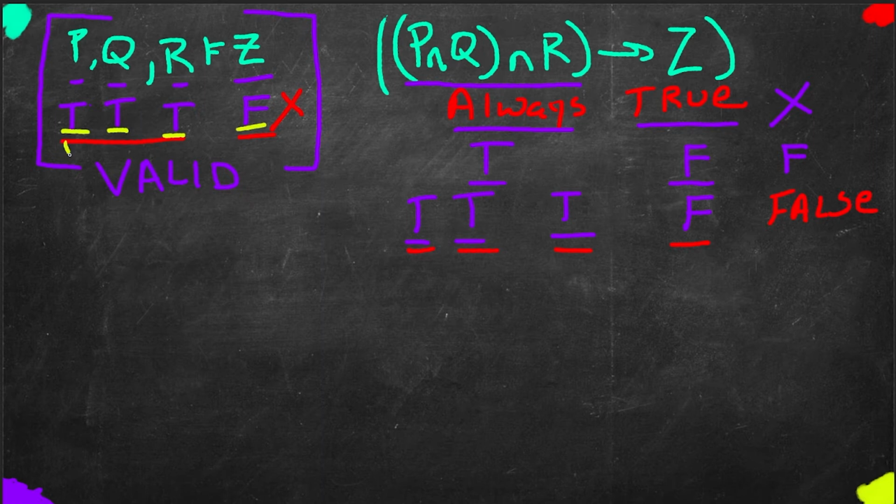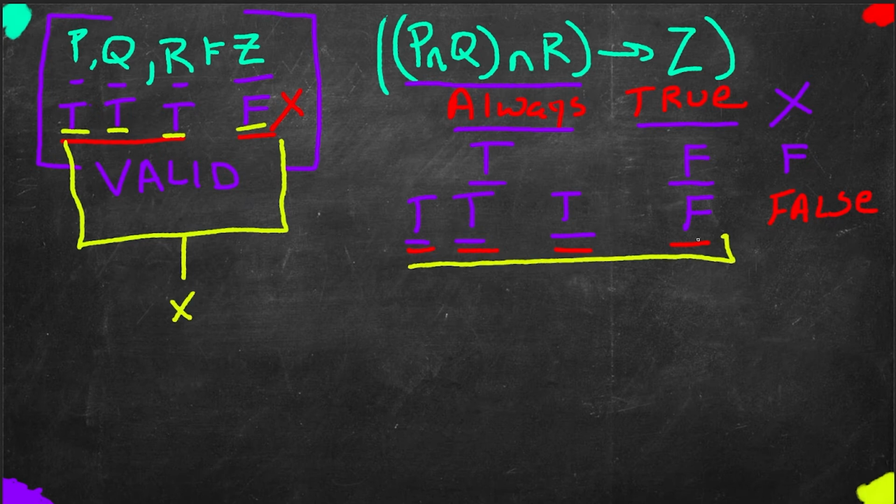And so given that this cannot occur, and given that the only way in which this formula can be false, which is just the same as saying that it is not a tautology, is if P, Q, R are true and Z is false, then this formula is never false. It's not ever false.